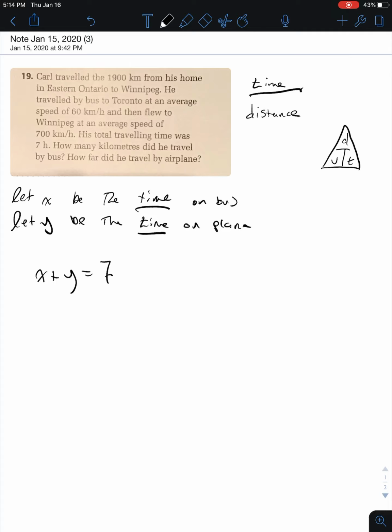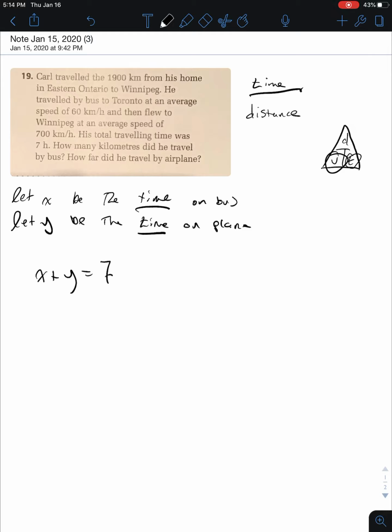Whenever you see these questions, if I'm given information on time and I'm given velocities, then the remaining one is what I'm probably going to create one of my equations on, the distance.